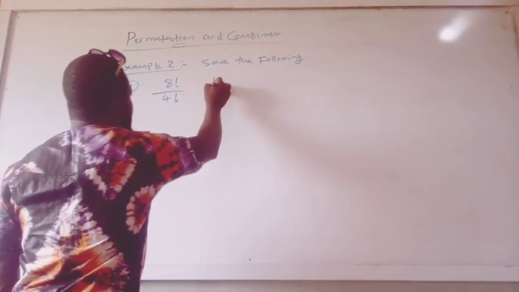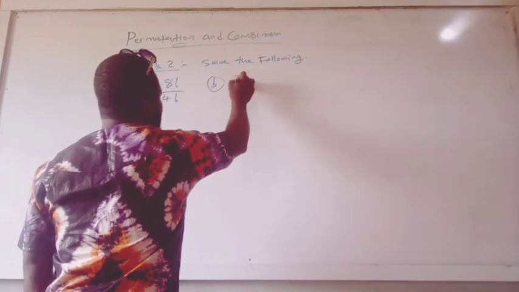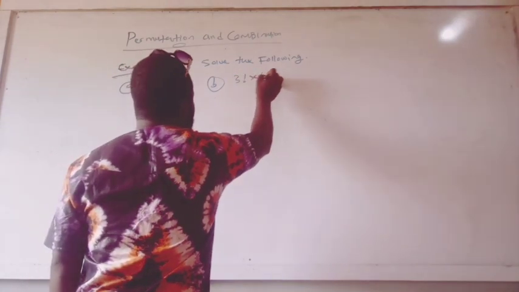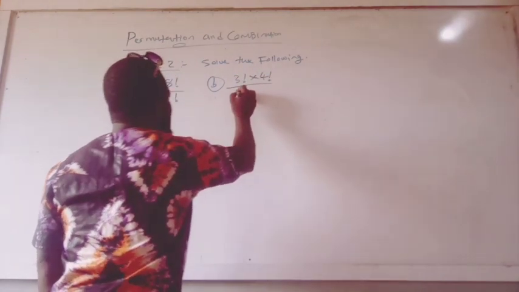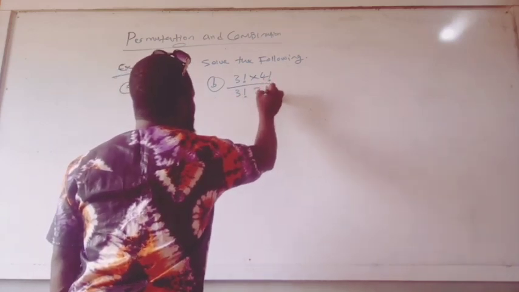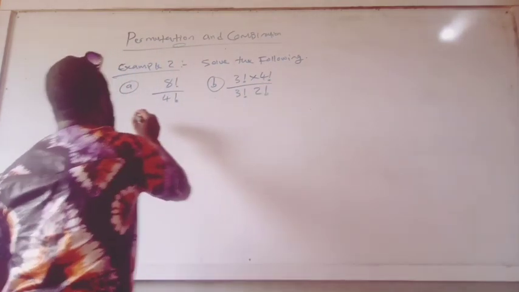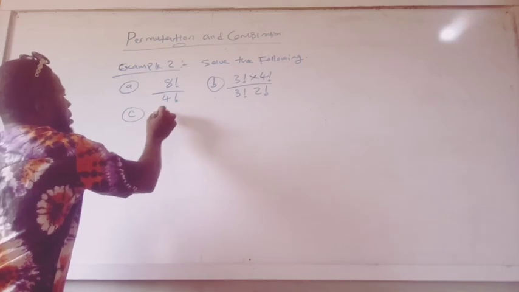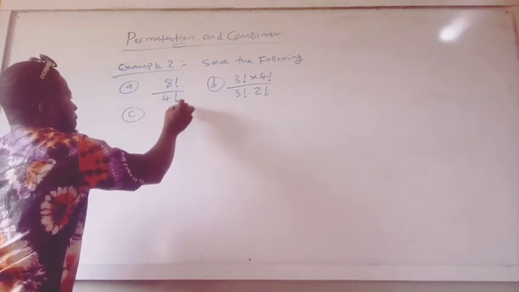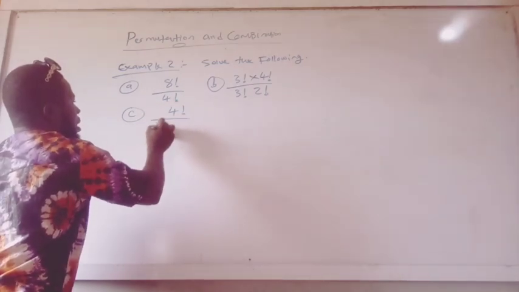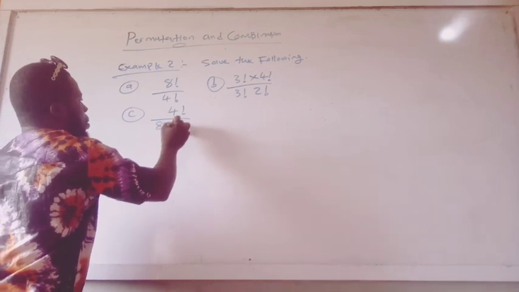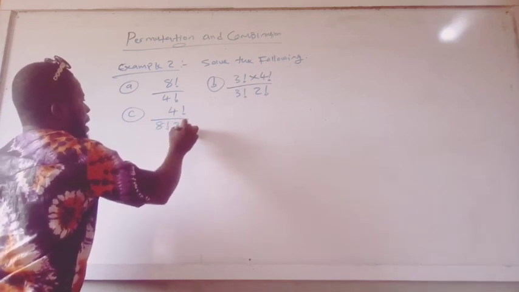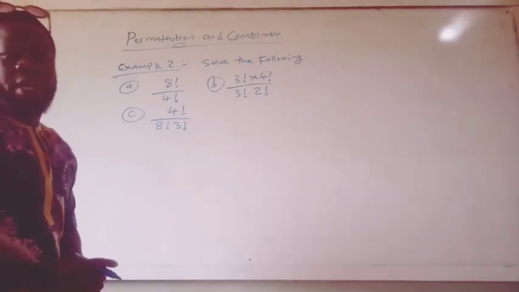Let's say we have B, 1 over 3 factorial times 2 factorial. Then let's say we have C, 4 factorial over 8 factorial, 3 factorial. How are you going to solve a question like this?